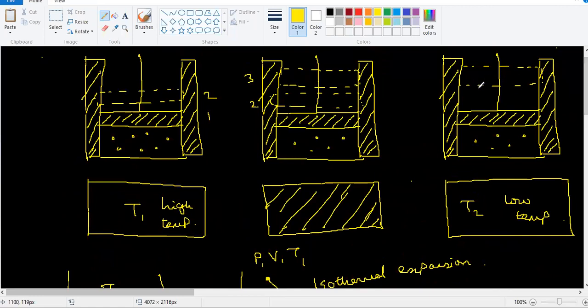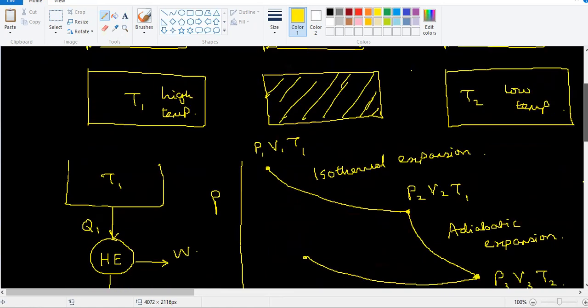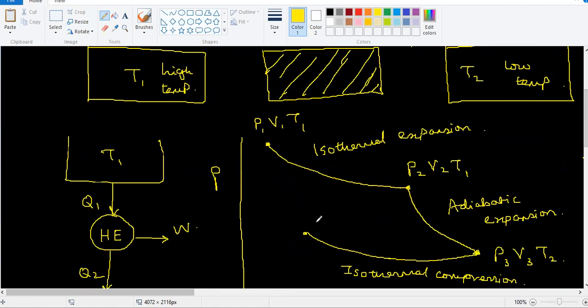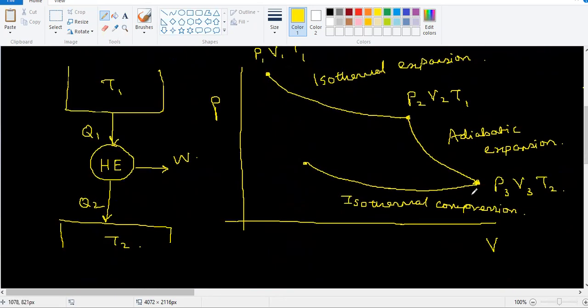When I compress this piston, it's at location 3, and now I'm pushing this in. As I push this in, the pressure will increase. That's what is shown here because it is compression. The volume will decrease, which means the volume is coming back here. You see here, this is higher volume, this is lower volume. So the volume is decreasing.